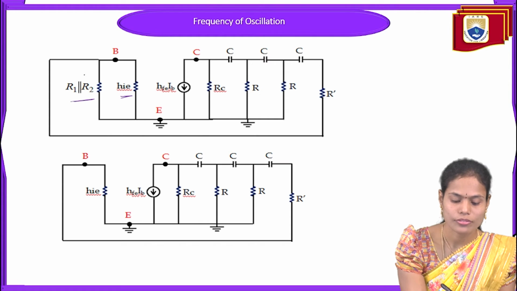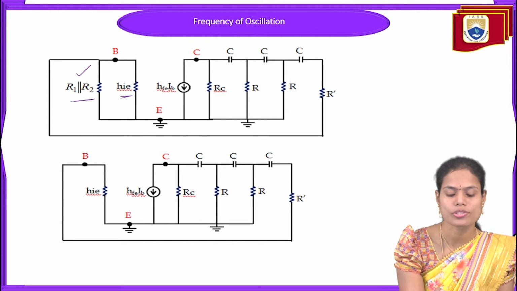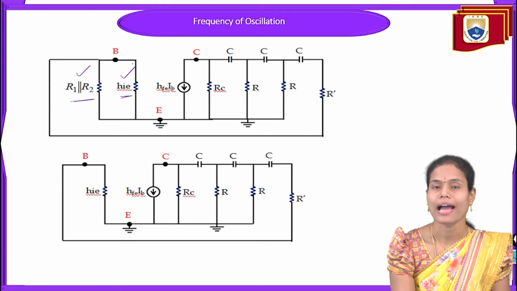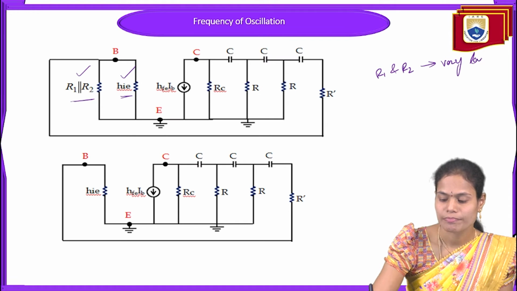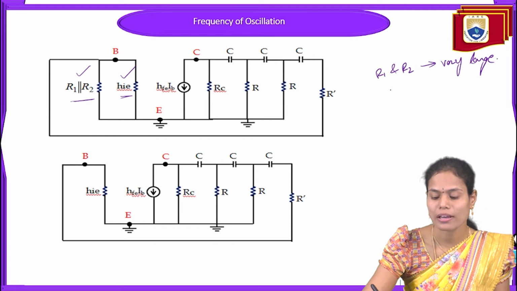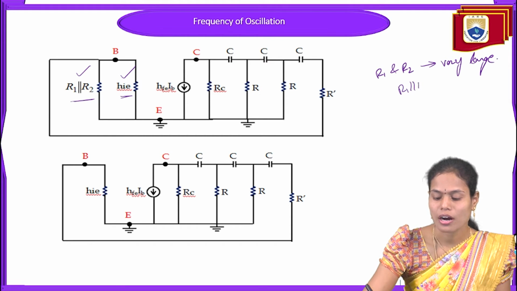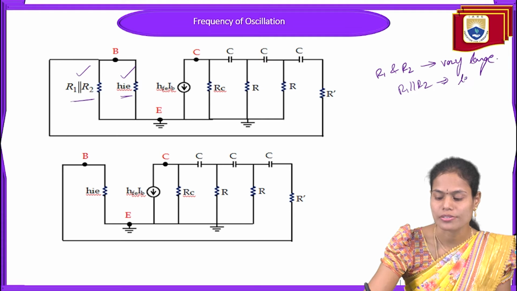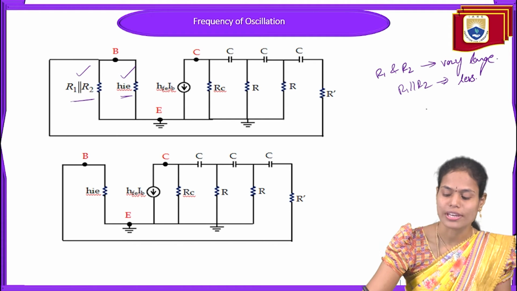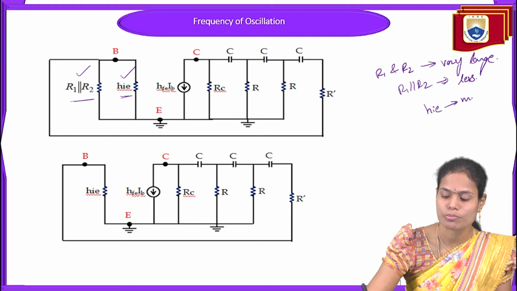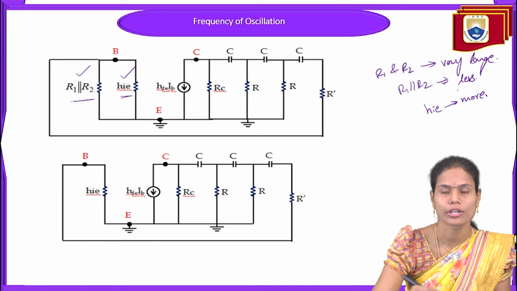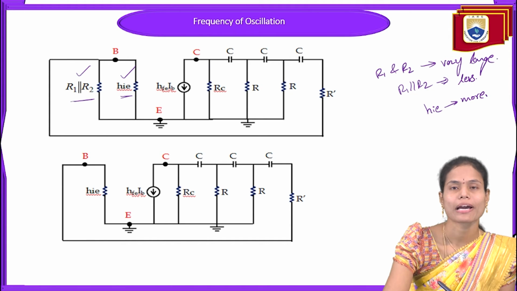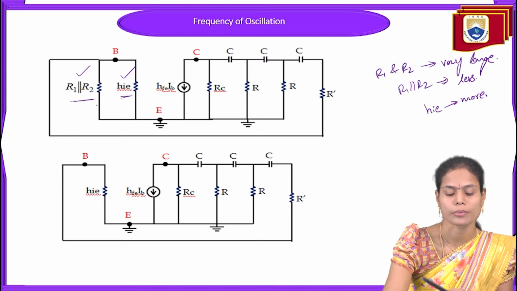If we compare the parallel combination of these two resistances and the input impedance of the amplifier, generally the values of R1 and R2 are very large, but the parallel combination of R1 and R2 will be small compared to the HIE value. HIE is very high compared to it, so we can neglect the parallel combination of these two resistances.